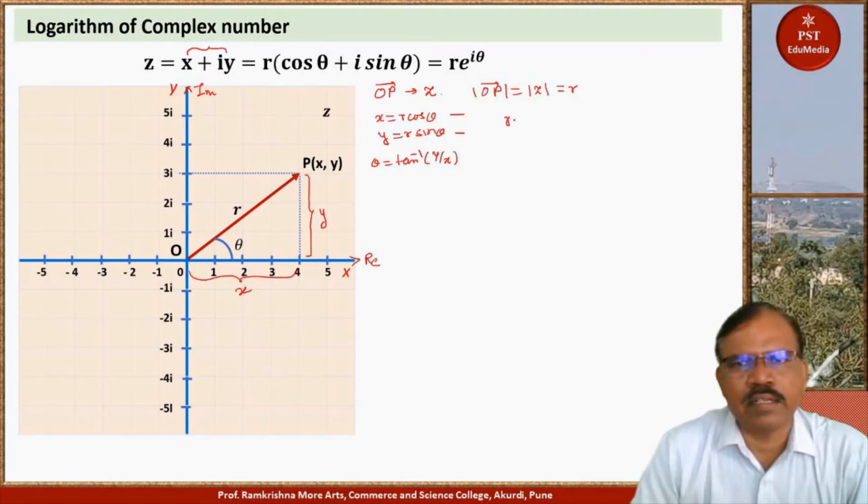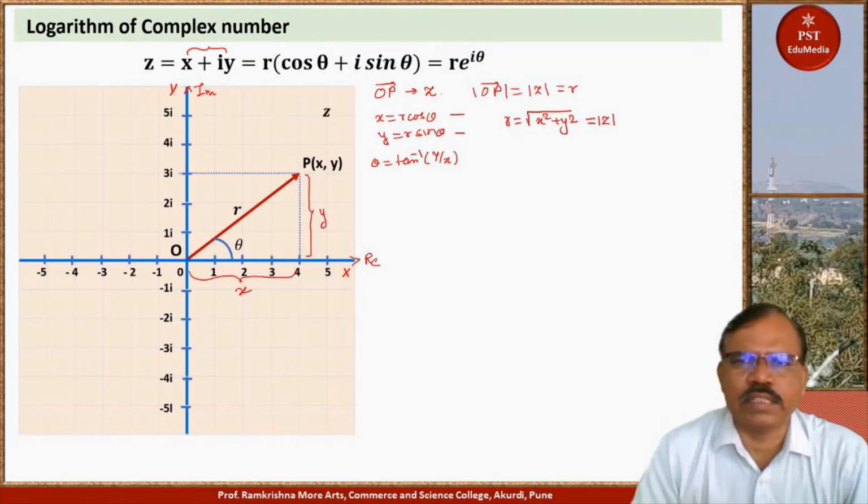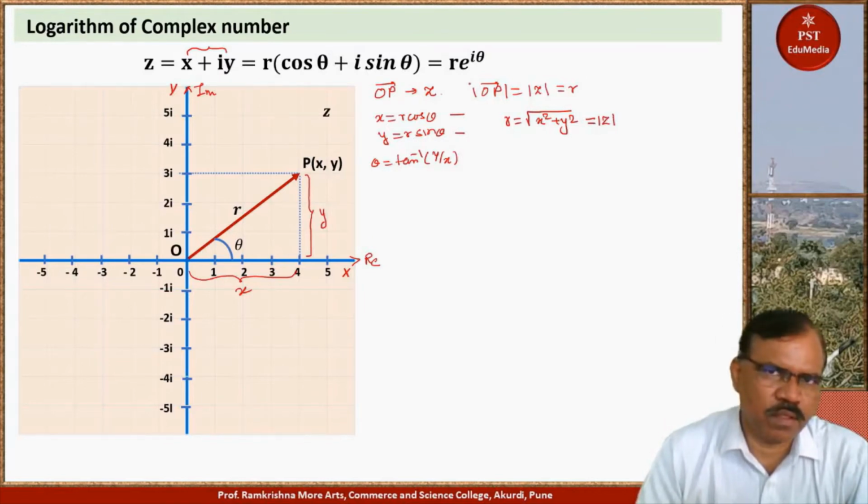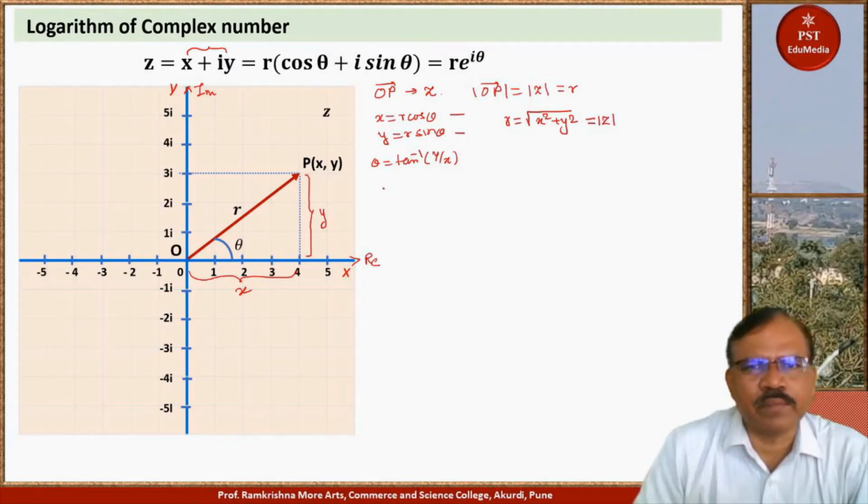And R is root of x square plus y square. We have already seen this formulation.